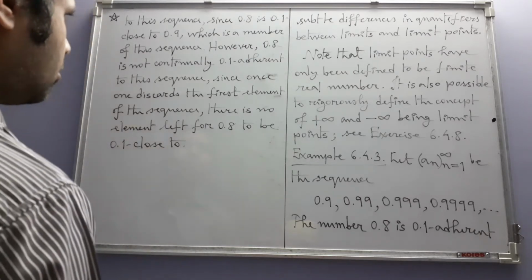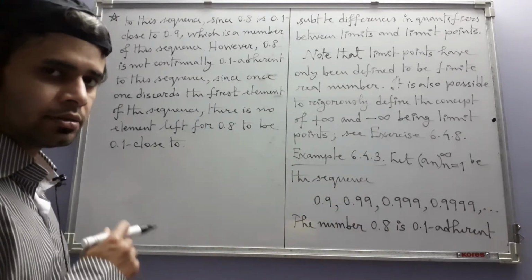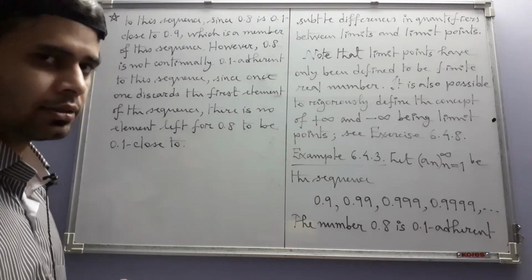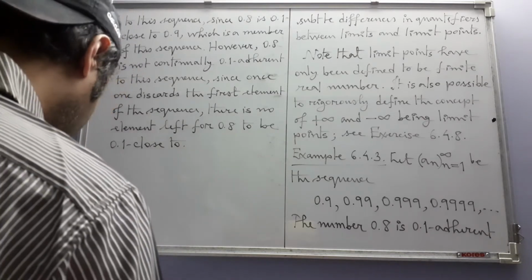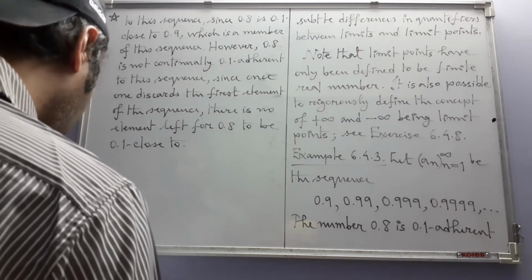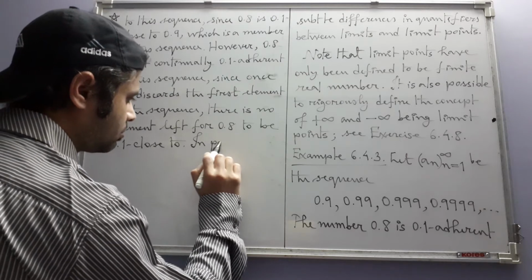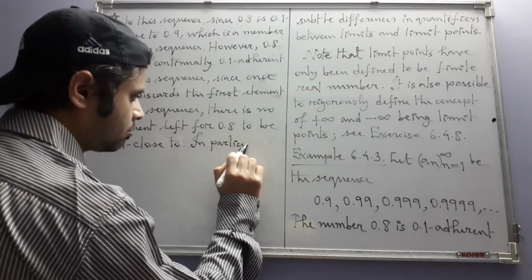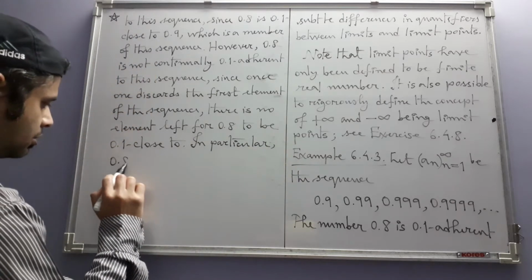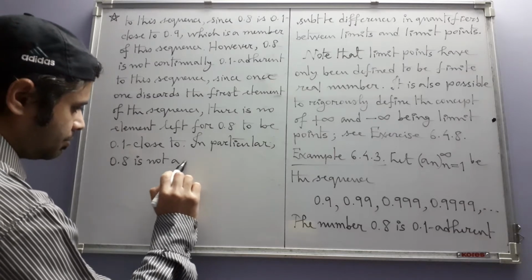Okay, so although 0.8 is 0.1 adherent to the entire sequence, it's not continually 0.1 adherent to the sequence. And that's why, in particular, 0.8 is not a limit point.